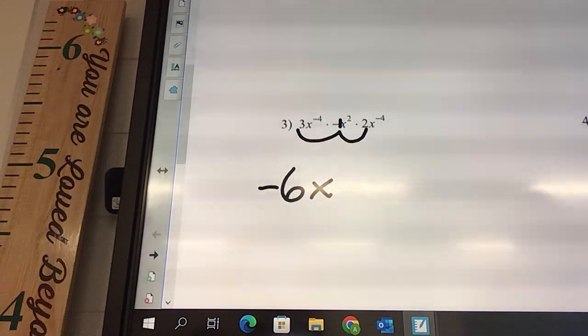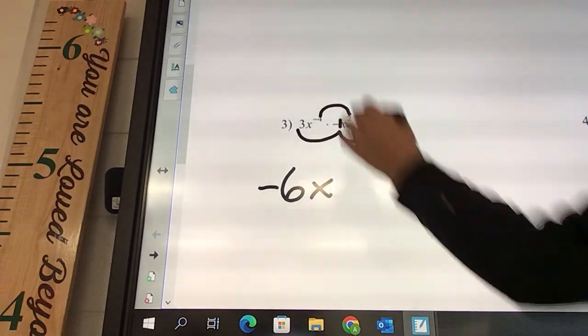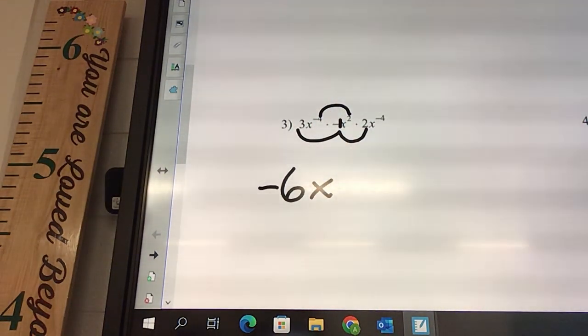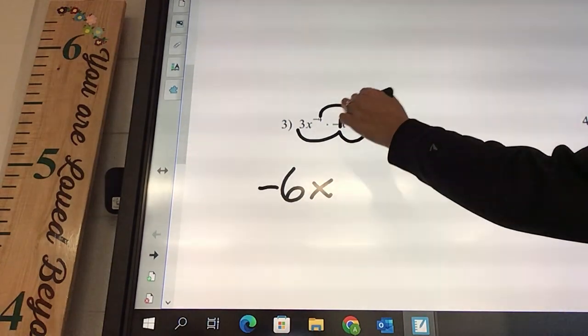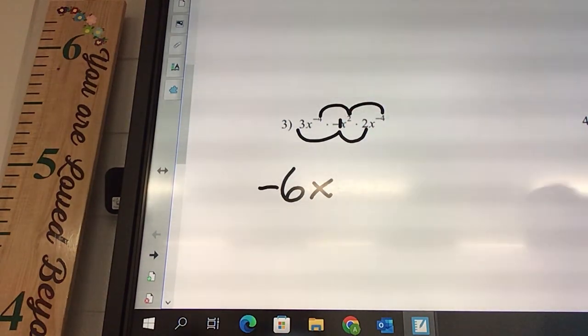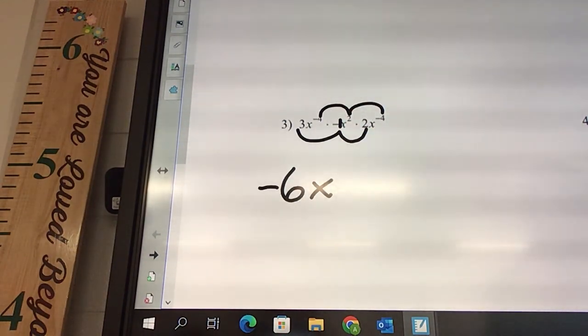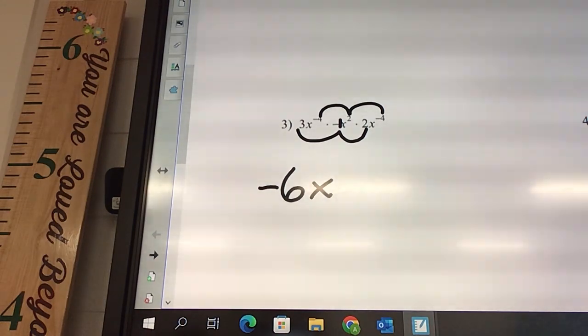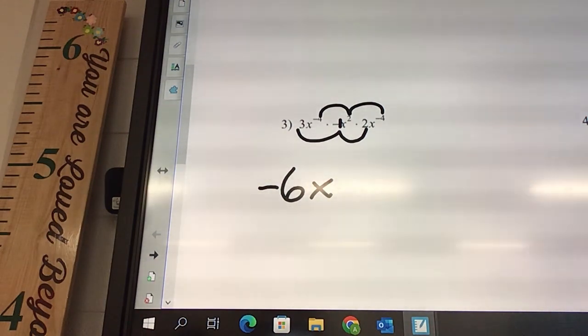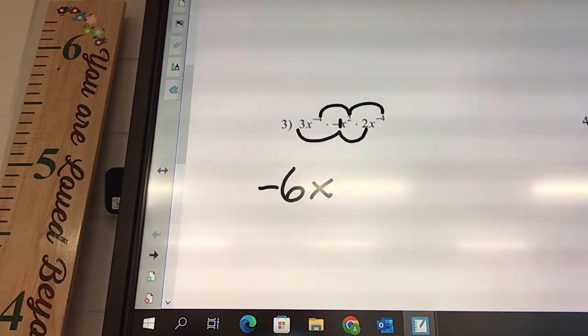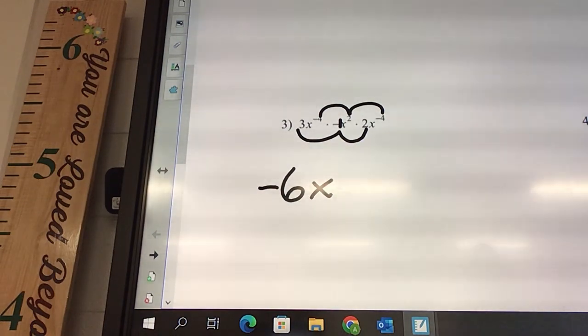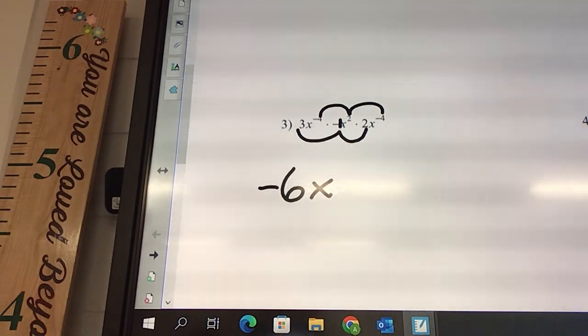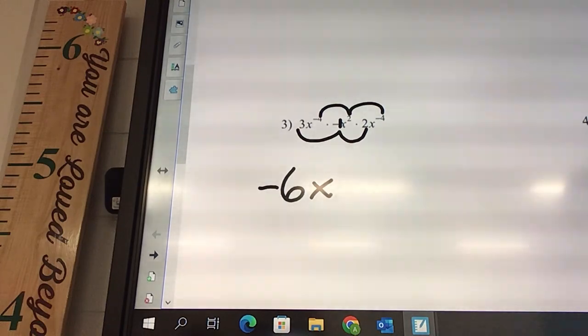So what is negative 4 plus 2? Negative 2 plus negative 4. Type that on your calculator. Negative 4 plus 2 plus negative 4. Negative 6.